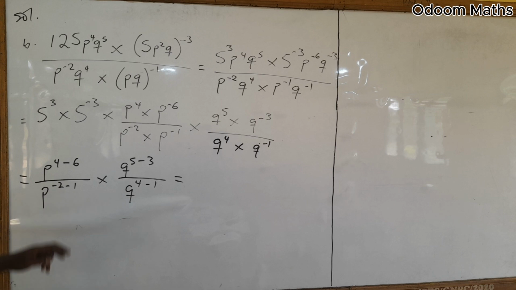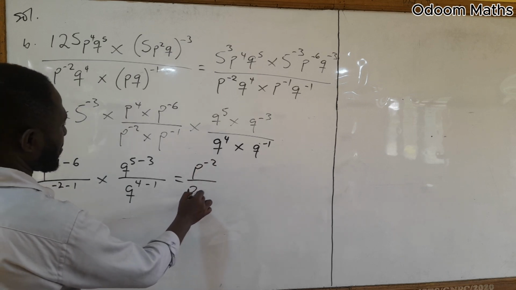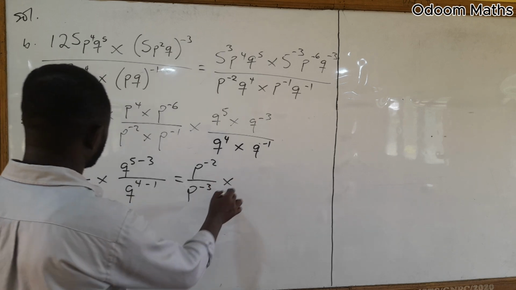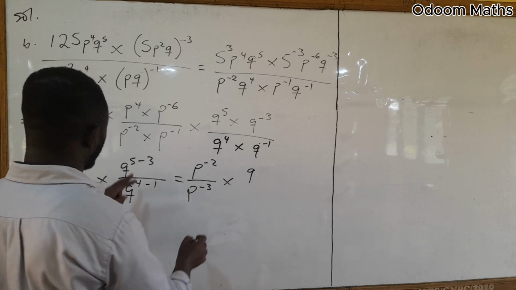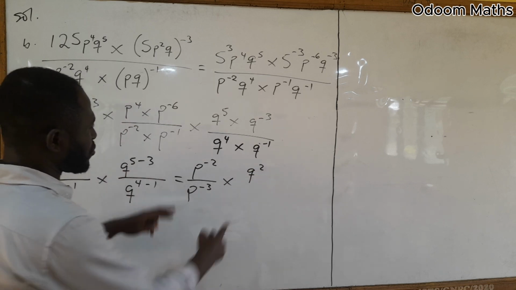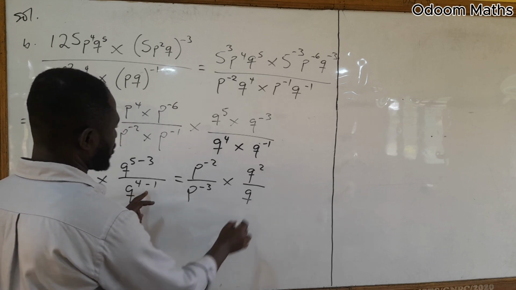Now, this is going to be p to the power negative 2 over p to the power negative 3. Negative 2, negative 1 is negative 3, and then this is negative 2 times q to the power 2, that is 5 minus 3, so 2 over q to the power 4 minus 1, which is 3.